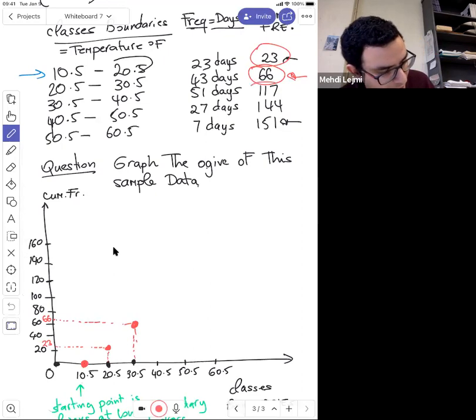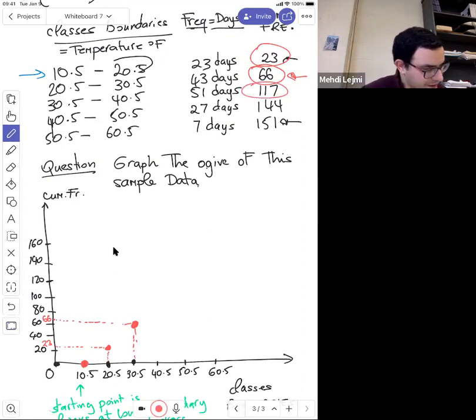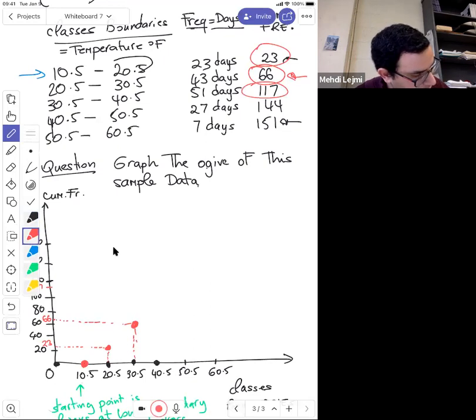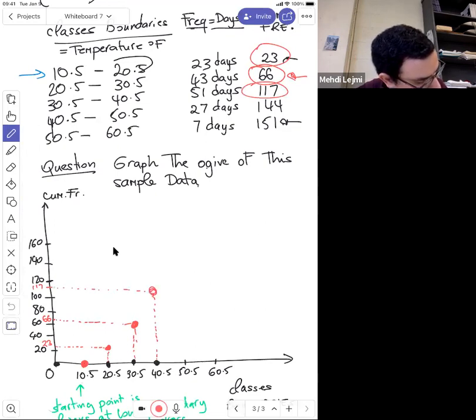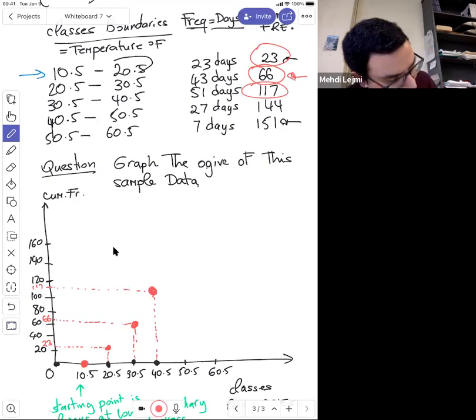For the third class, we need to go up to 117, which is kind of close to 120. So here's my 117. I'm going to take my next class boundary, which is 40.5, and go up to 117. Next, it's 144.